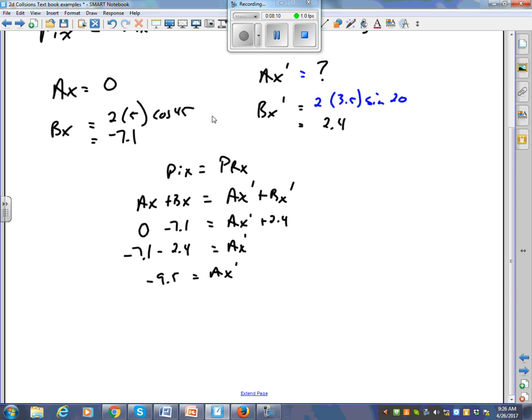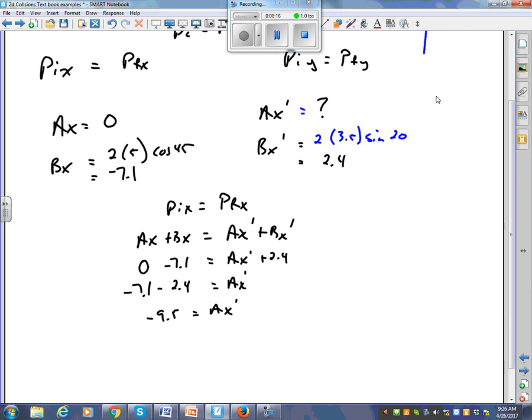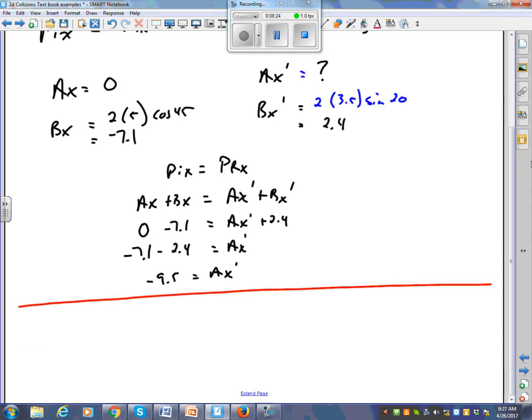Does that match what we thought? A is moving to the left. Yeah, that matches, right? Okay. Now guess what? We're going to do that all over again for the y. Py is equal to Pfy.